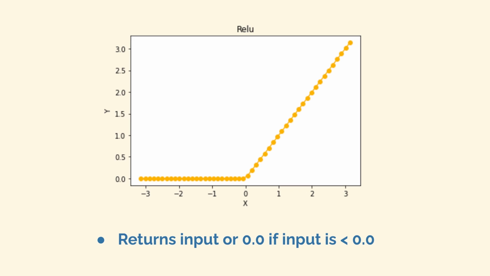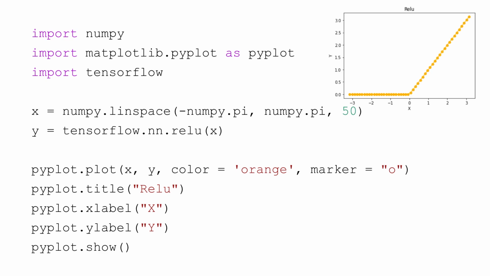And that is how it affects the activation of a node. So where X is the node's output, the activation function will take that output and it will activate it. And if you're interested in visualizing this activation function, you can use this code in Google Colab or just anywhere in Python, and you will get this visualization of it.